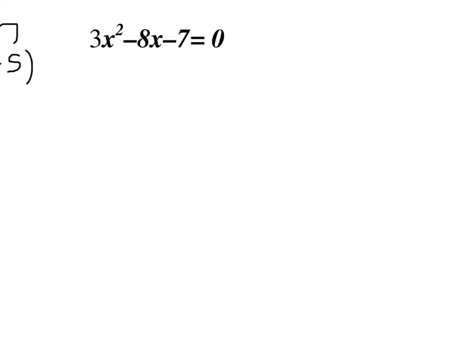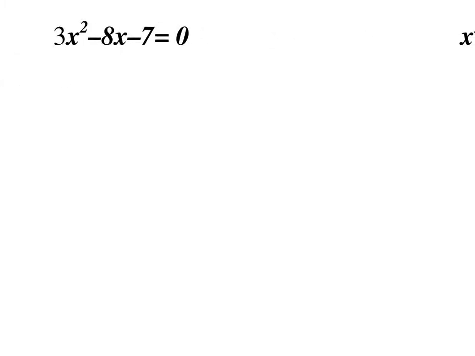Let's work this problem. It's in standard form. Let's identify a, b, and c. A is 3, b is negative 8, and c is negative 7. So let's substitute those into the quadratic formula. I'll use parentheses around the negative numbers.